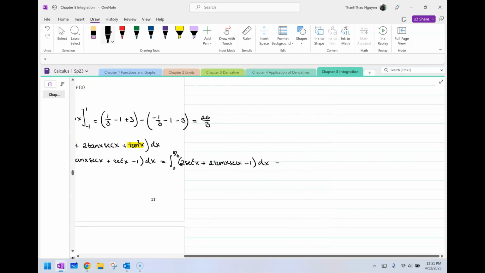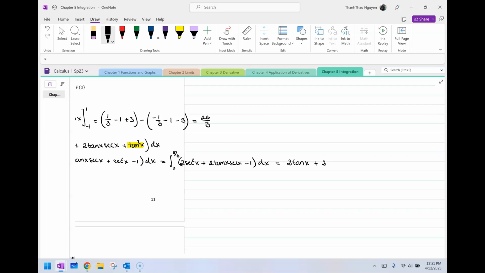Earlier, we recalled that the derivative of tangent of x is equal to secant squared of x. So now I can write the first term as 2 tangent of x. The derivative of secant of x equals secant of x times tangent of x. So 2 secant of x, minus x.